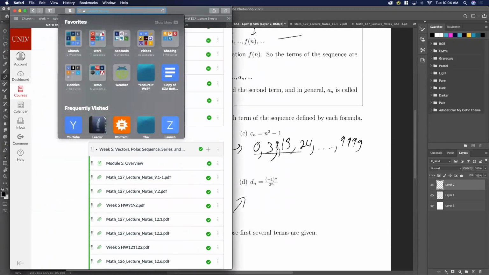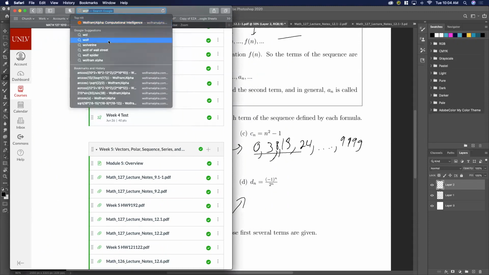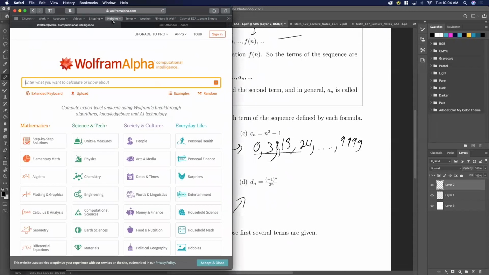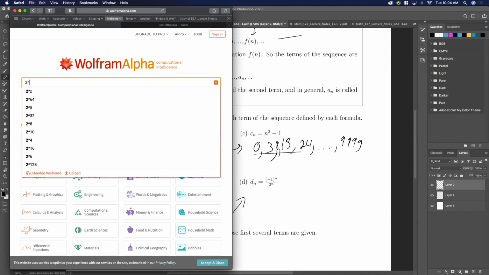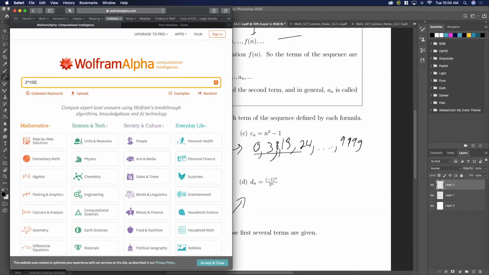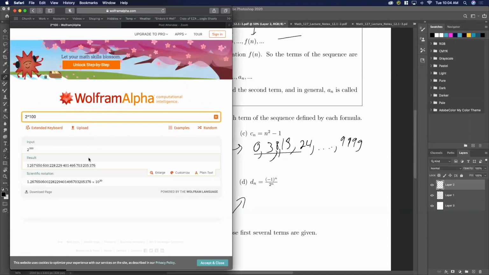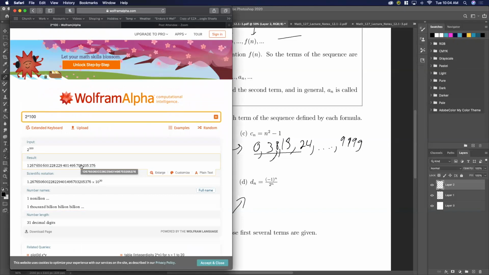There you go. So Wolfram Alpha. Let's just crunch out what that awful number is. Yeah, that's what I want. Here's your number. Don't type that in chat.